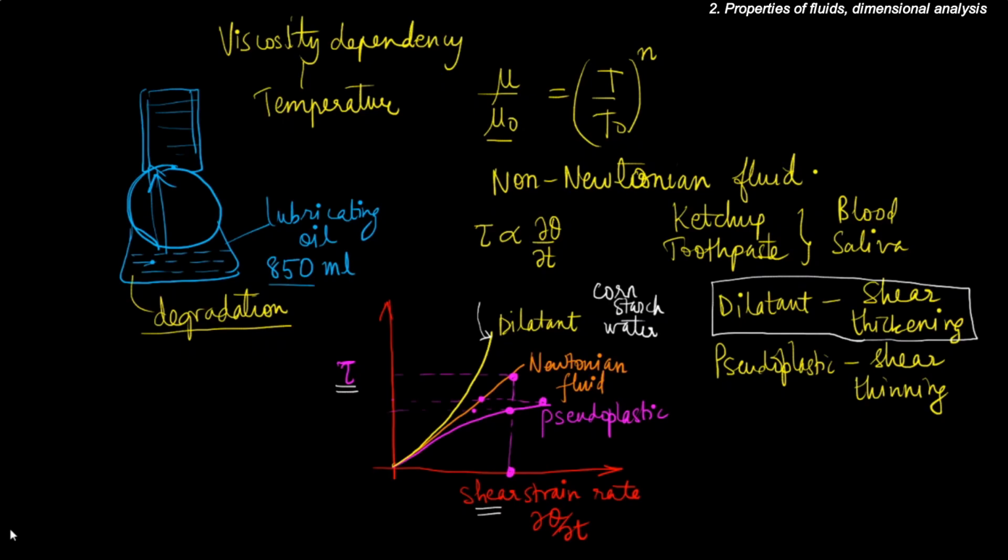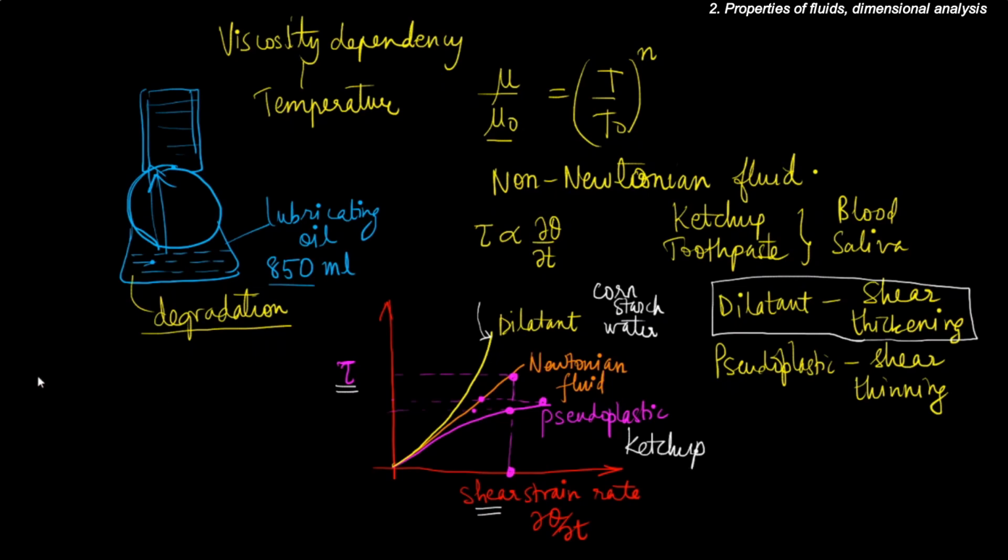Or you can have a pool of cornstarch and water and you can run across it. But importantly, you must have a high shear strain rate to make it behave like a solid. If you gently poke the solution of cornstarch and water, it will behave like water. So for low shear strain rates, you can see from the plot as well, it behaves like a Newtonian fluid. But when the shear strain rate increases, it behaves like a shear thickening fluid.